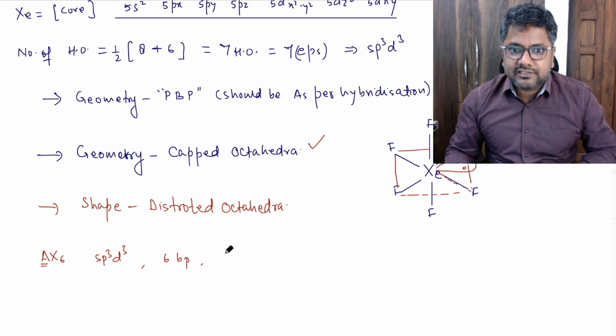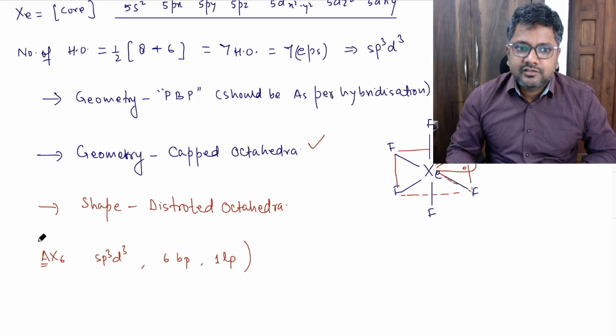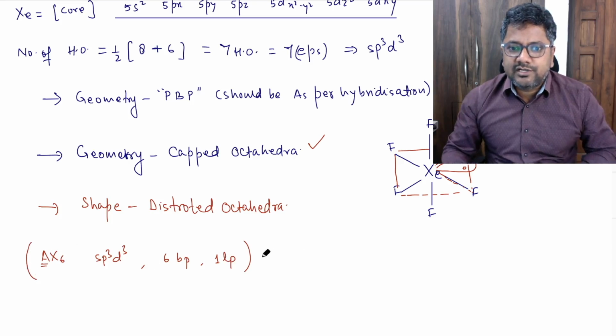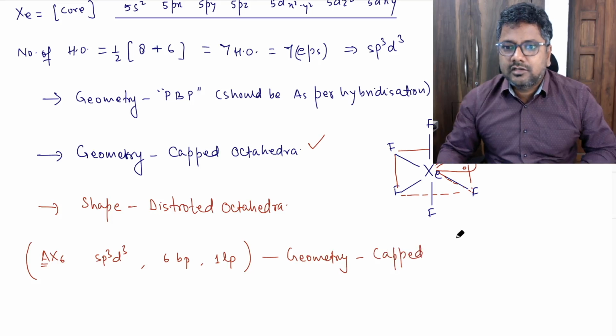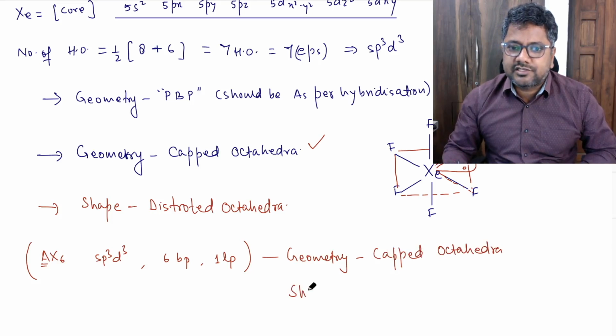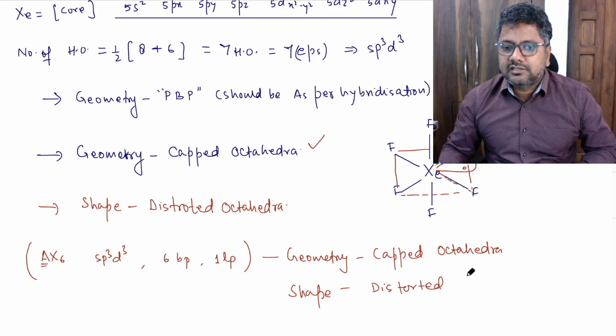So if in any molecule this situation arises, you have to report the geometry as capped octahedron, and the shape is distorted octahedron.